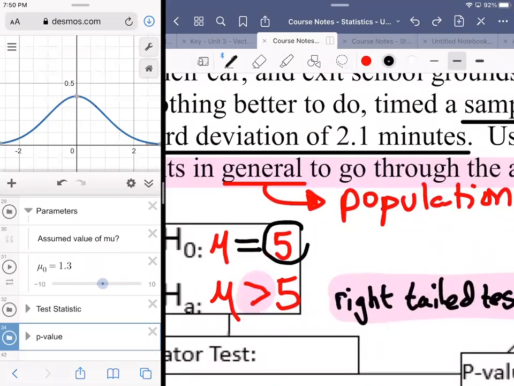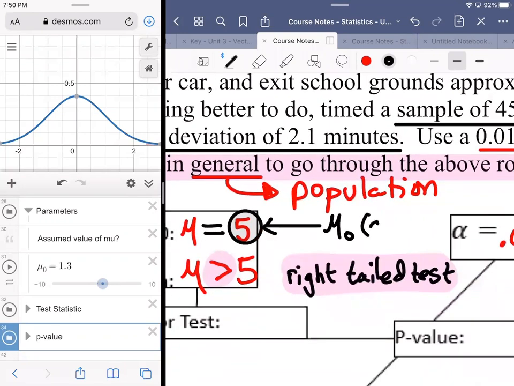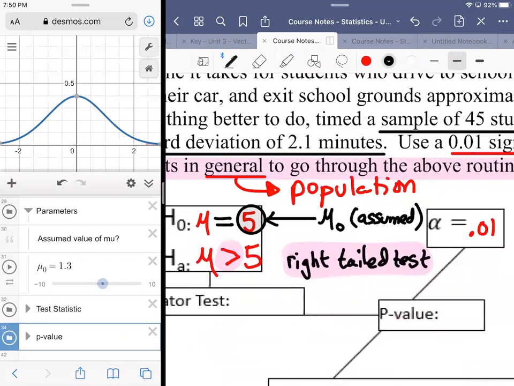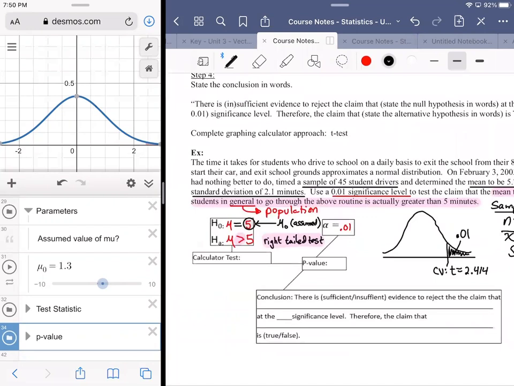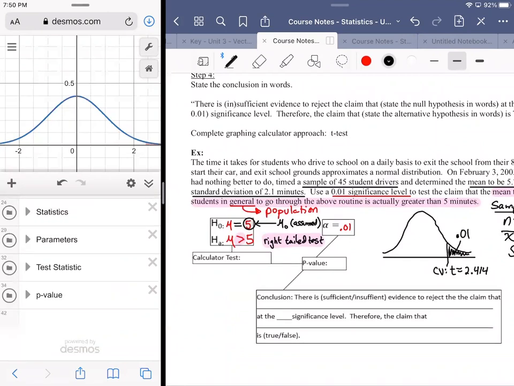So this number here is the assumed mu, which we call mu sub 0. You have to have some sort of assumed value in order for a hypothesis test to work. So I'm going to slide my slider to that number and then close the folder.